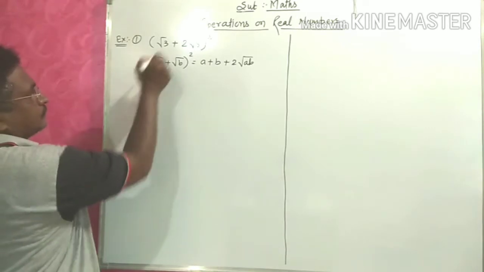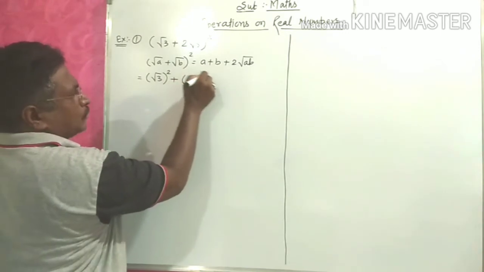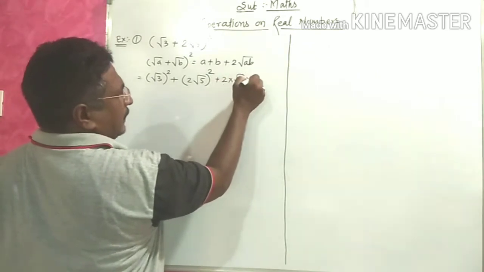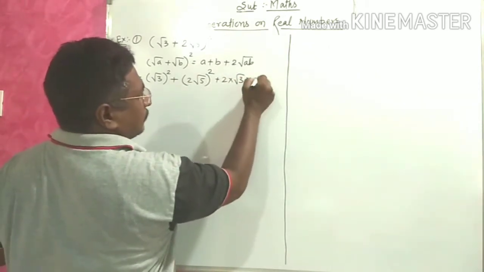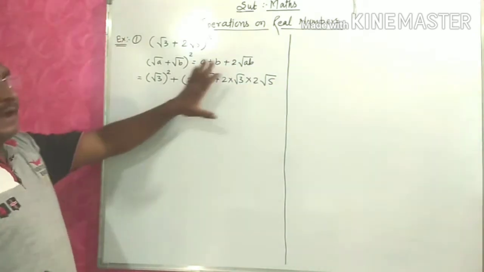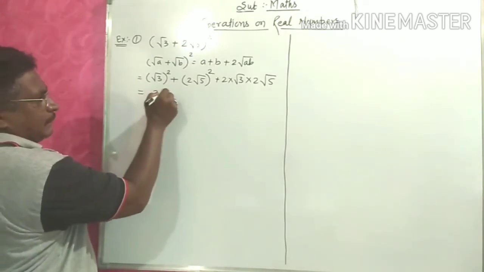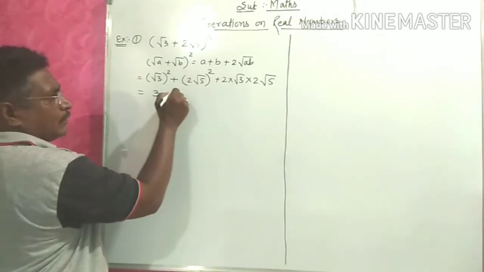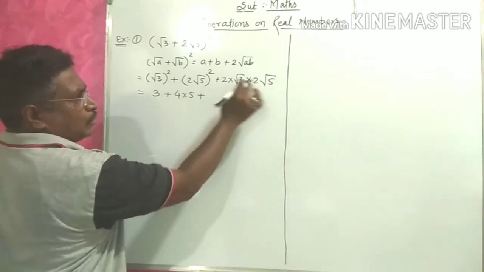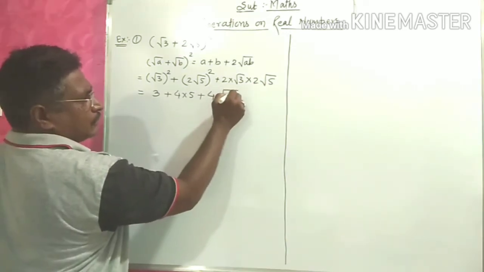So what is (root 3) whole square plus (2 root 5) whole square plus 2 into root 3 into 2 root 5. Okay students, we put the values in the identity. Now root 3 square means 3, plus 2 square is 4, root 5 square is 5, plus 2 into 2 is 4, root 3 into root 5 is root 15.